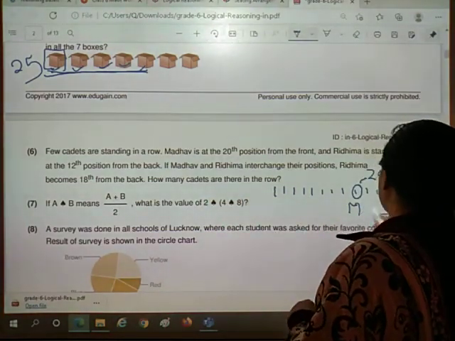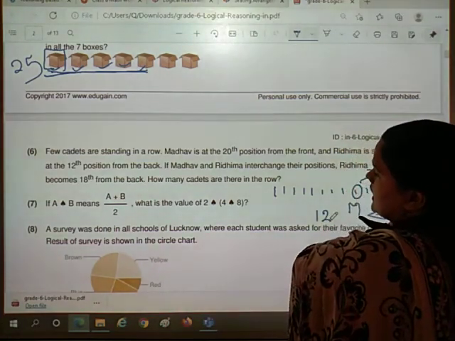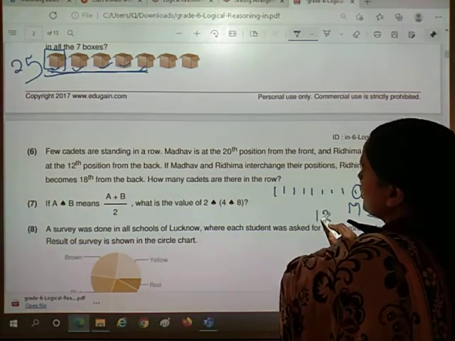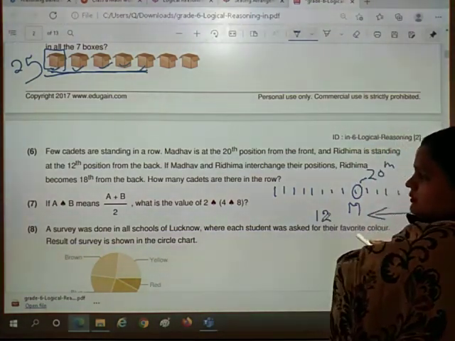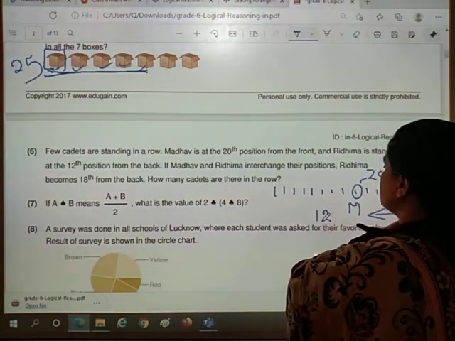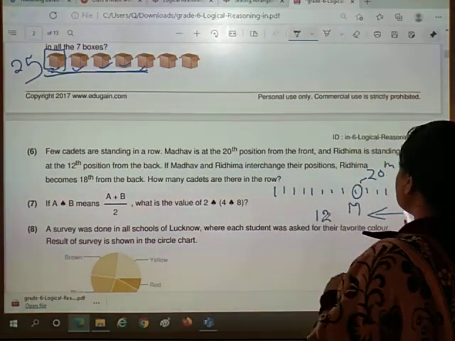If Ridhima and mother interchange their positions, if mother goes to the place of Ridhima and Ridhima comes to the place of mother, Ridhima becomes 18th from the front.